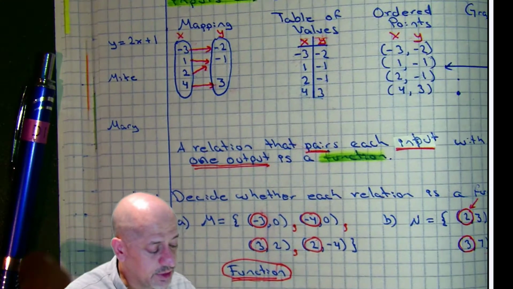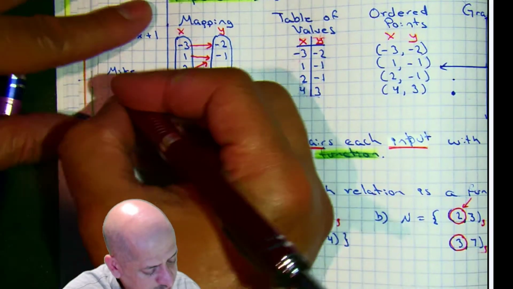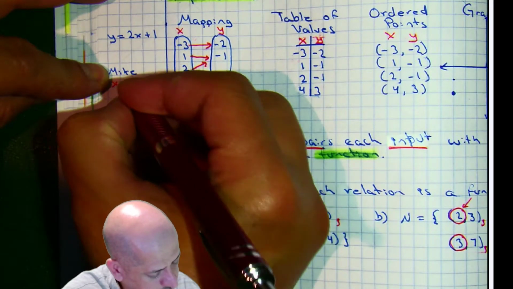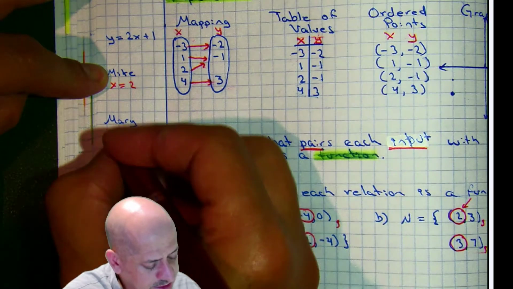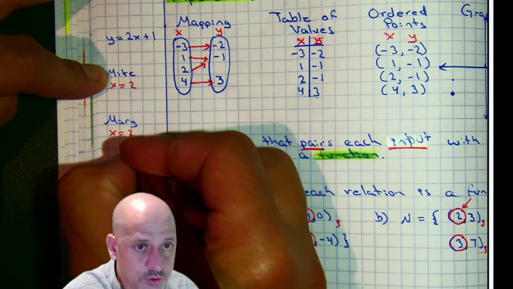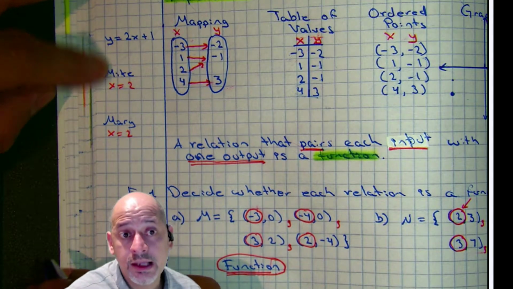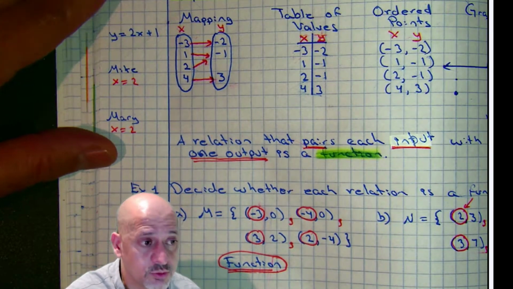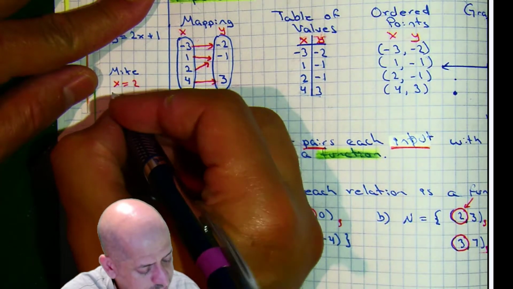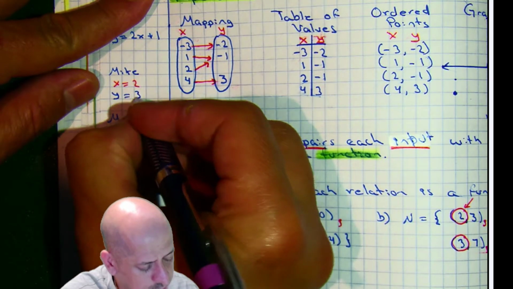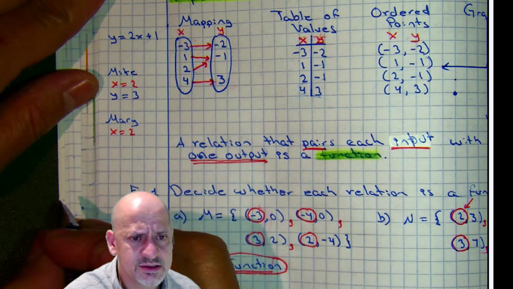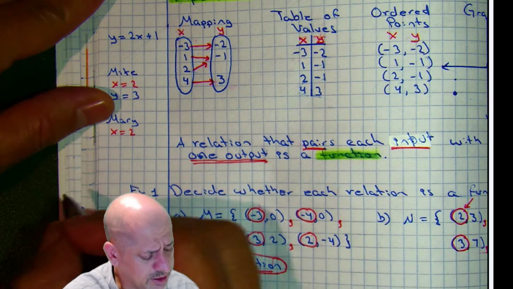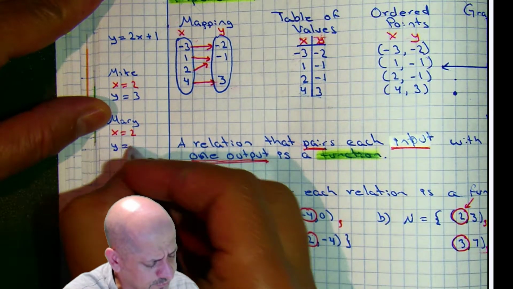And they asked Mike to plug in x equals 2, and they asked Mary, x equals 2. So Mike says, well, I'm just going to do the work in my head. And he says, if I plug in a 2, I end up with a 3. And Mary says, hold on. If I plug in a 2, I end up with a 5.